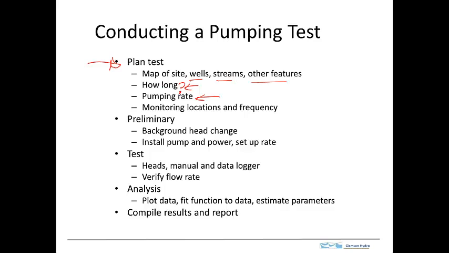So what you need to do is know how long you're going to pump, and then you have to have some way to anticipate how the drawdown is going to develop during this pumping test. And so you have to have some preliminary estimates of the aquifer properties, and then have a way of forecasting how rapidly the drawdown is going to occur. That'll allow you to estimate what the pumping rate should be.